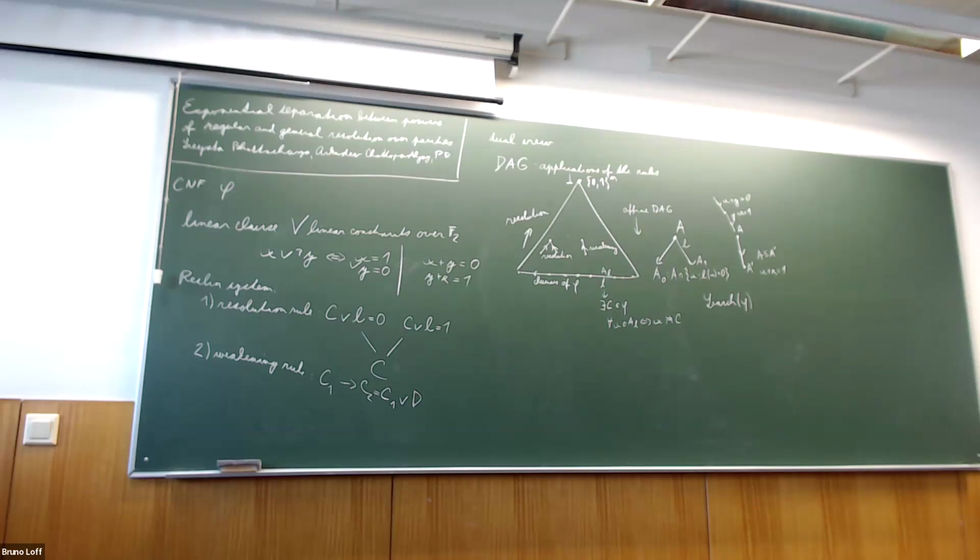It's only the weakening that allows you to add stuff, right? Because if you start with clauses that don't have linear equations, just xi equals something, and you just do resolution, you're never going to get something linear. So the only way to introduce a linear constraint is by the weakening, and then you can work with the linear clauses.